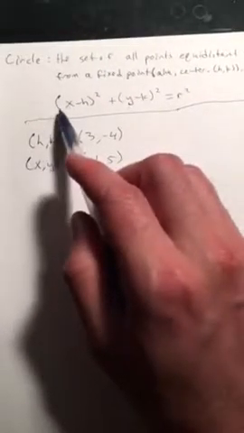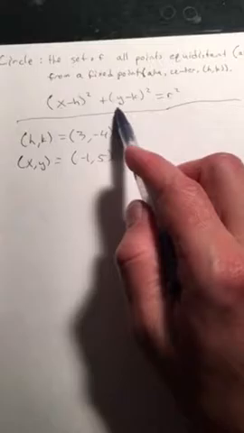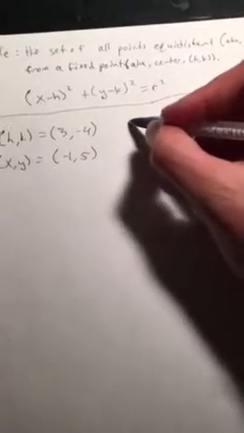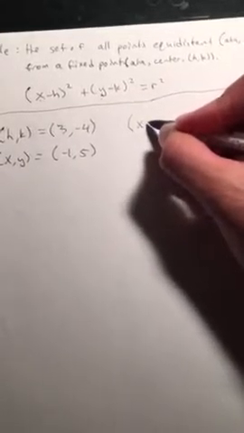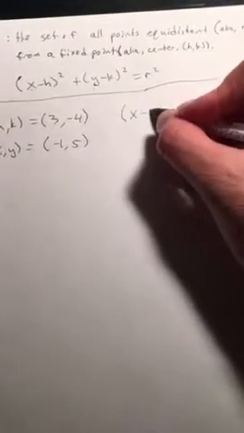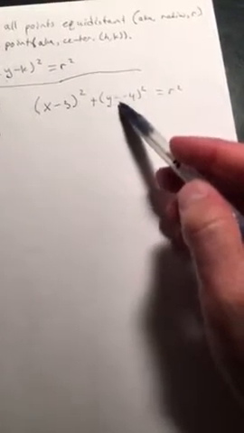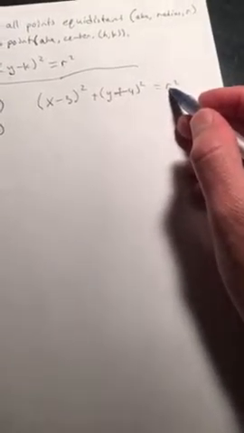We know that (x minus h) squared plus (y minus k) squared equals r squared is the standard form. So we could immediately say that is half the equation. These two negatives do make a positive, and then we're left with figuring out what r is.